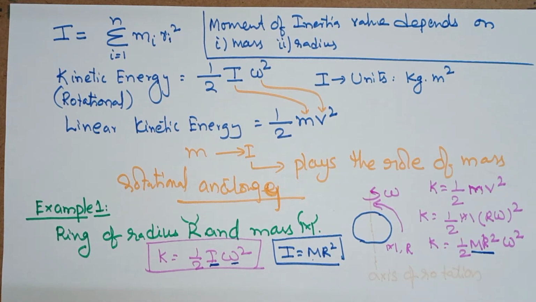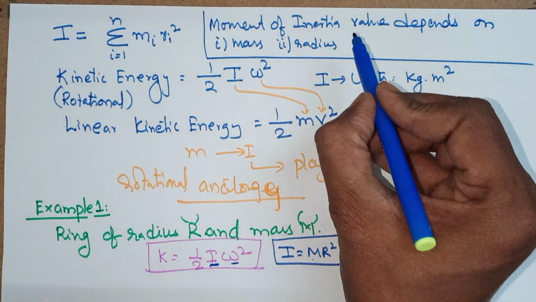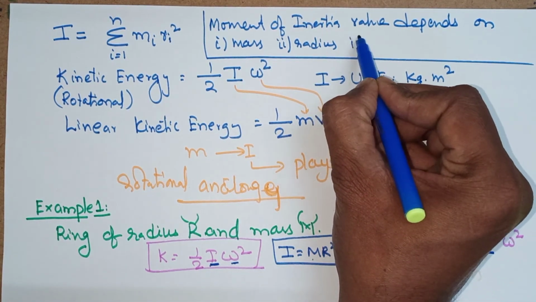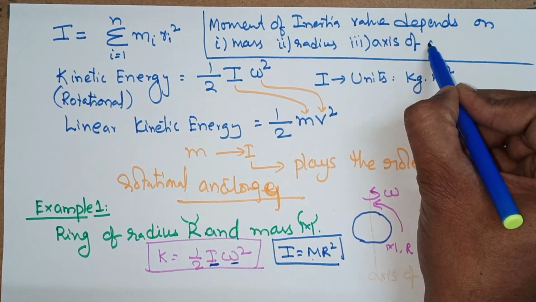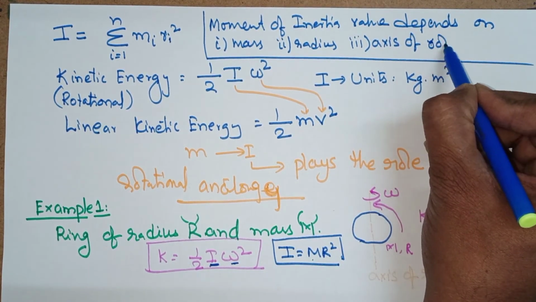For a rod we consider only length. And it depends on the axis of rotation and orientation. We'll see the axis of rotation.